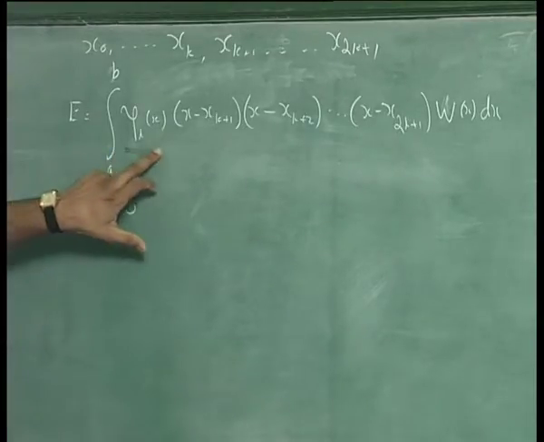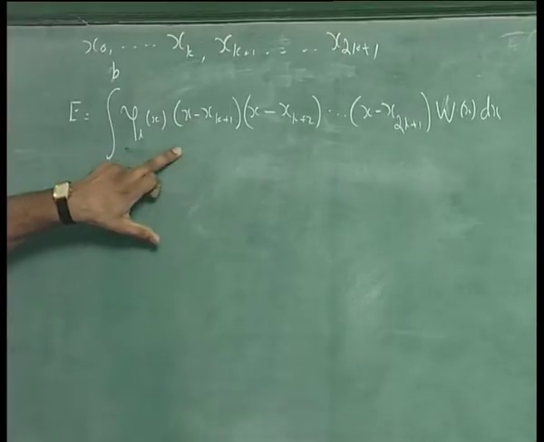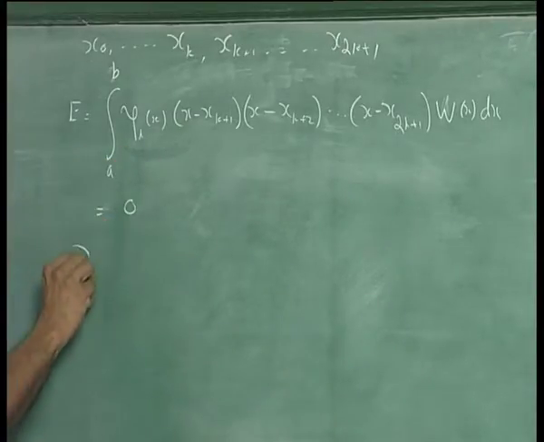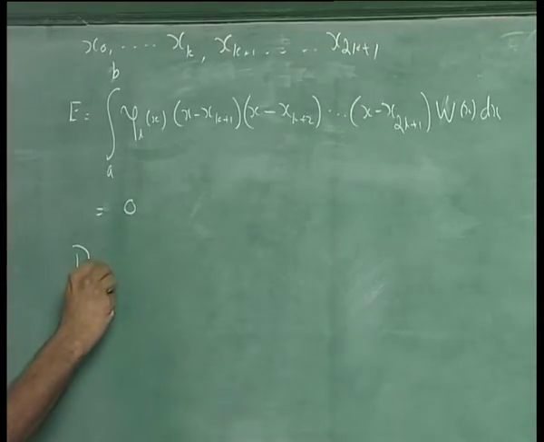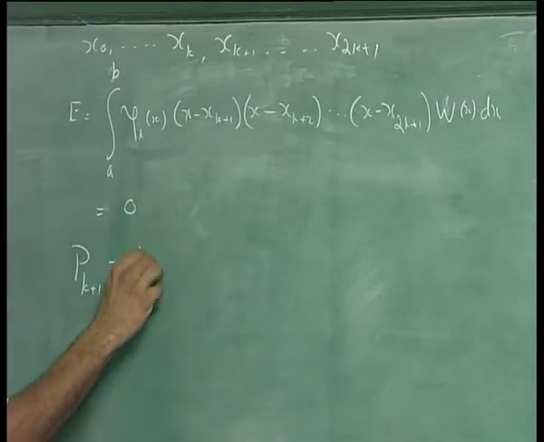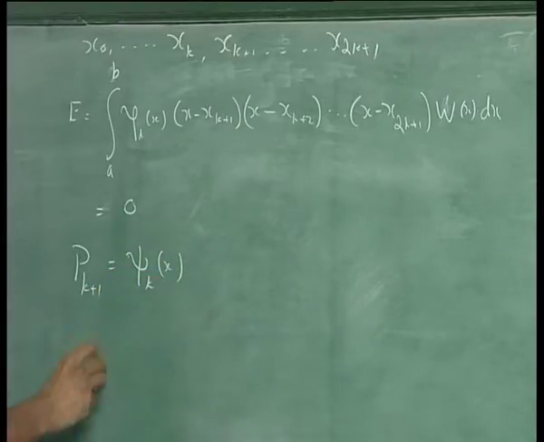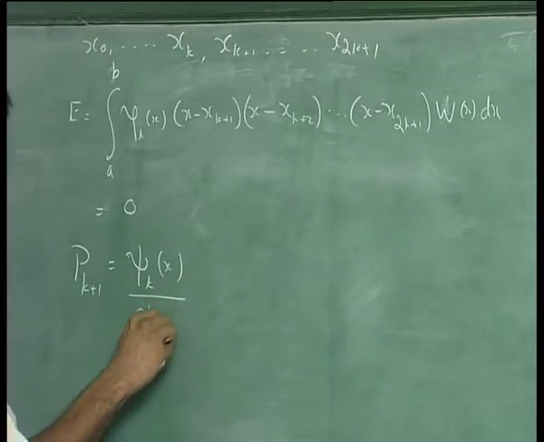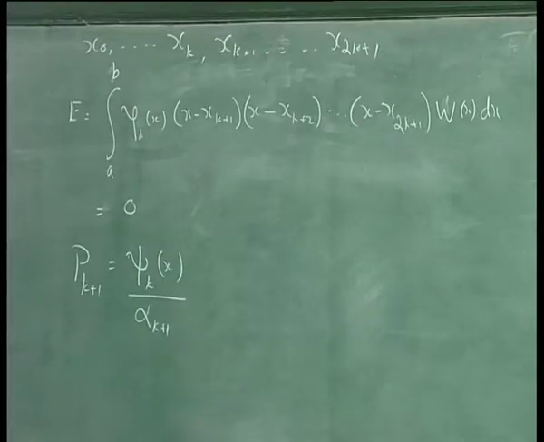So, now this is a k plus 1th order polynomial. We call that p k plus 1, a polynomial of order k plus 1, and we call this psi k of x, divided by some quantity alpha k plus 1, some number, just to give us the error. We can choose it either way.